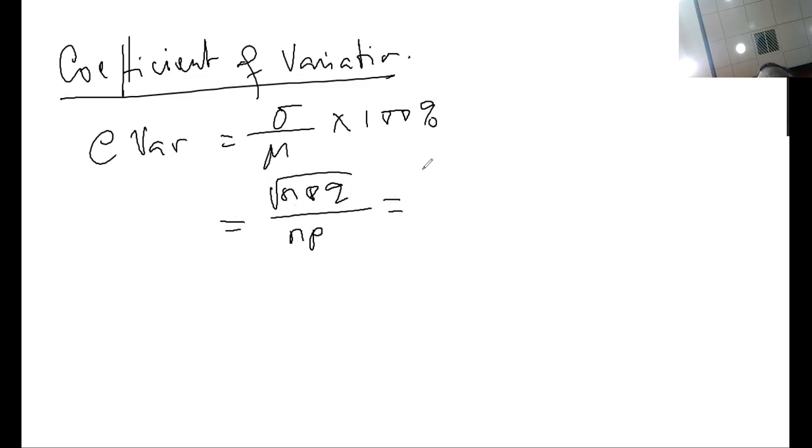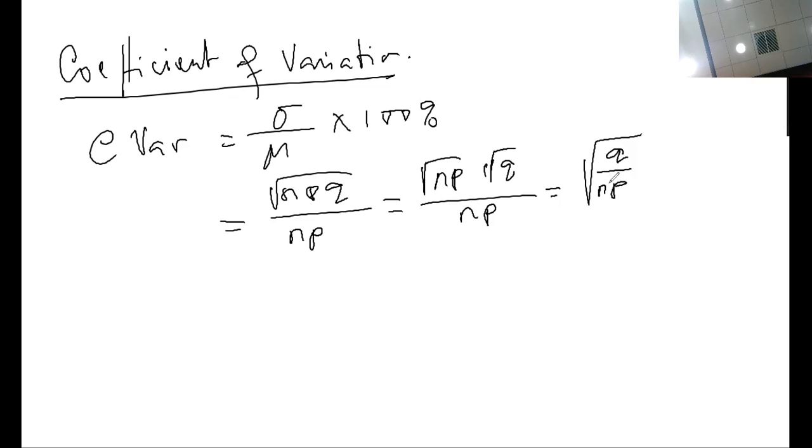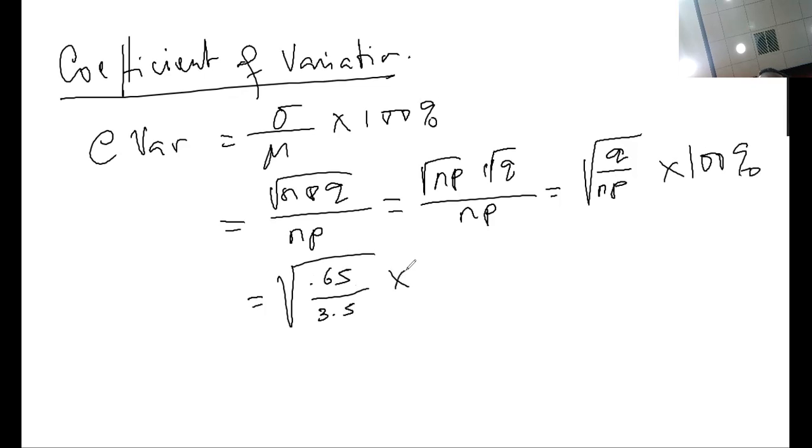So this is square root of np times square root of q divided by np, which is square root of q over np. The coefficient of variation is square root of 65 divided by 3.5, times 100%.